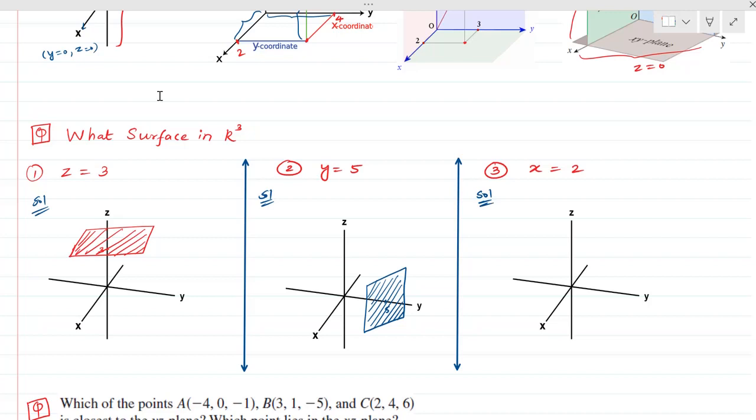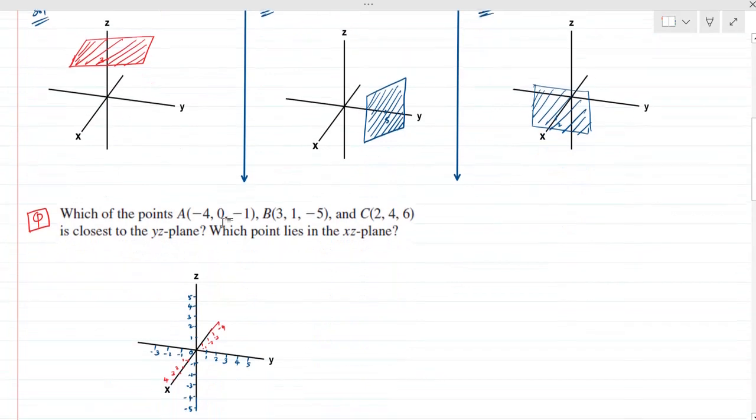X equals 2 will be here, so it will be on this side. This is x equals 2, in which y and z are equal to 0.